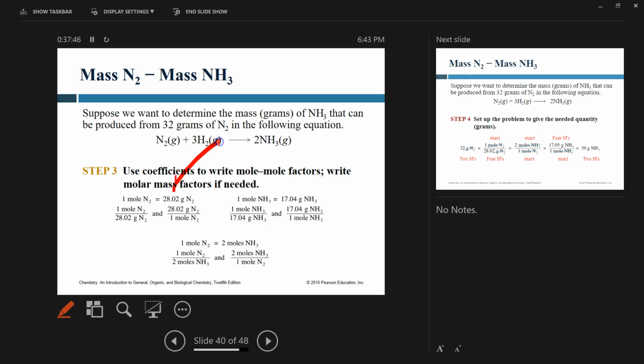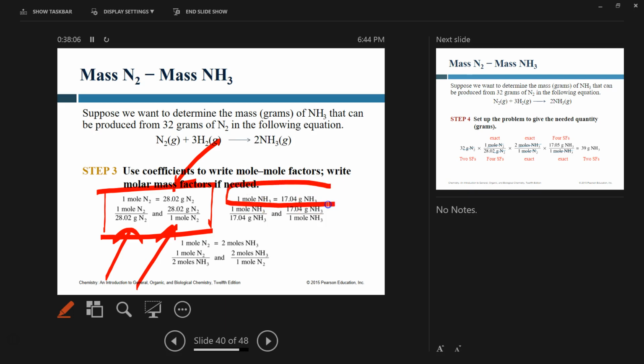1 mole of nitrogen is 28.02 grams. Okay? That's the molar mass. So here we have 2 conversion factors. 1 mole of ammonia is 17.04 grams.